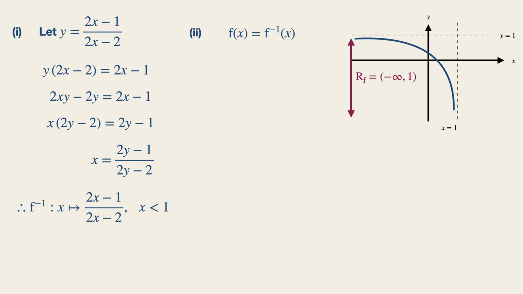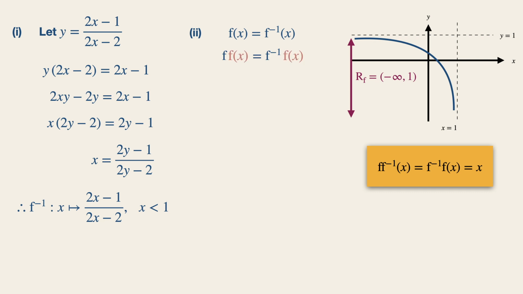Now use the power of association to help you. Whenever you come across the f inverse kind of questions, always associate it with this rule: f inverse of f(x) is equal to f of f inverse x, is equal to x. By making use of this rule, we can introduce the function f on both sides of the equation right here. Doing so will give us a composite function f(f(x)) on the left hand side and f(f inverse(x)) on the right hand side.